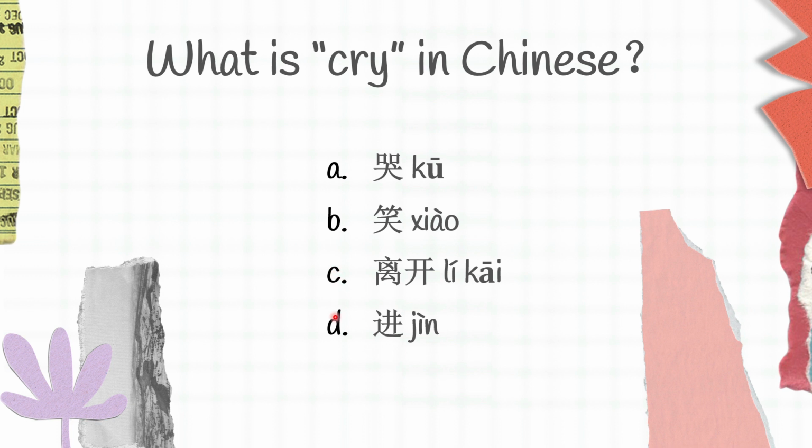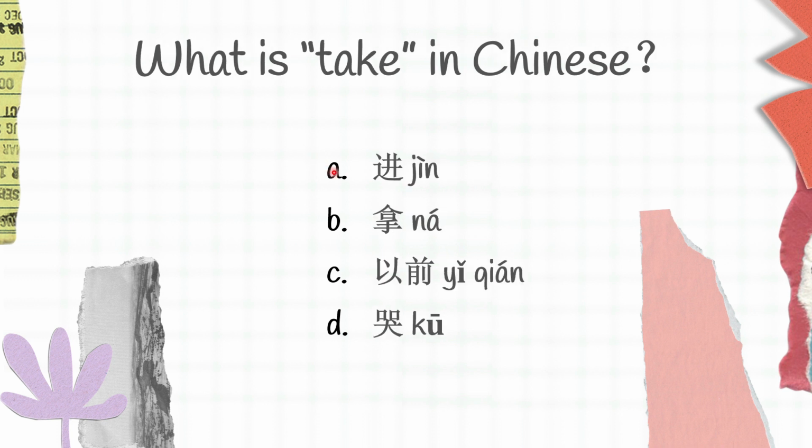So I will give you time to think and guess. 哭 is cry, 笑 is laugh, 离开 is leave, and 进 is enter. So the right answer for this question is A. 哭.